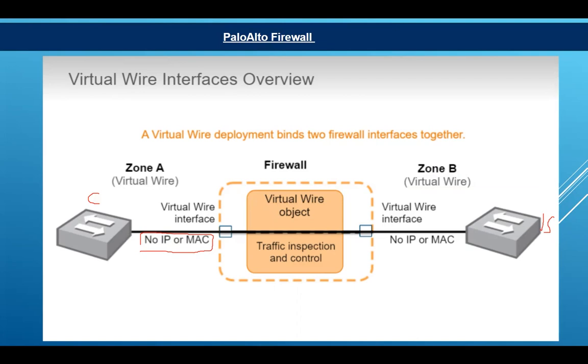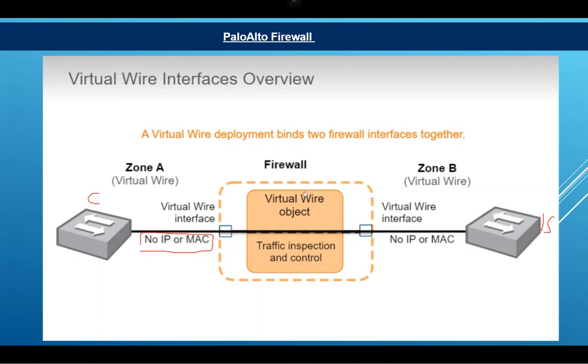Here we can filter the application, we can filter the content, we can perform all types of filtering here, right? But on the firewall side, on the interface, we are not going to configure anything here, right?